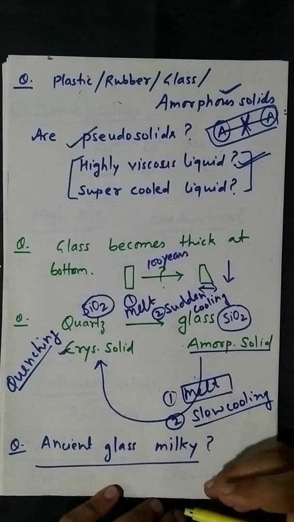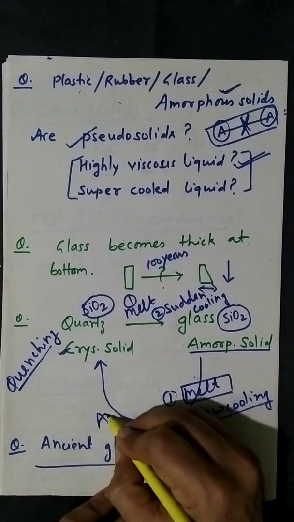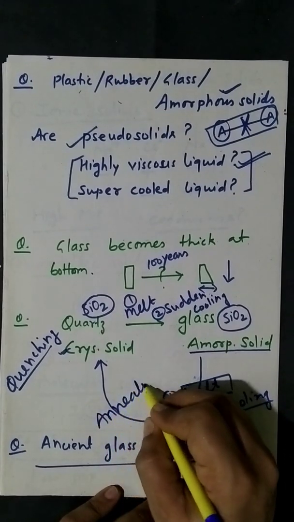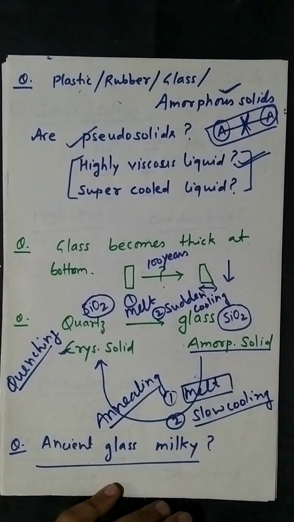The particles are provided enough time to acquire the regular position and therefore finally it will convert into crystalline substance. This process is also known as annealing. So this is again a good question, how can we convert amorphous into crystalline or crystalline into amorphous, or you can say quartz into glass and glass into quartz.